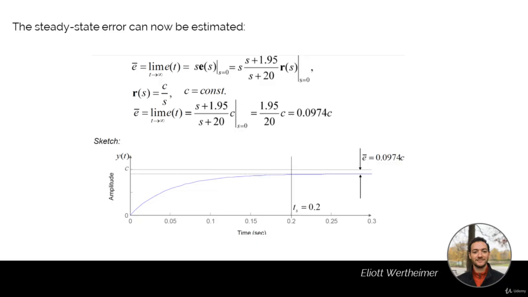So s going to 0 means that you can get rid of the s. You get that the limit is equal to 1.95 divided by 20 multiplied by C, and this is equal to 0.0974 C. So eventually, with our proportional control, in an infinite amount of time, the error between the response of your system and your reference input will always be equal to 0.0974 C, C being your reference input.